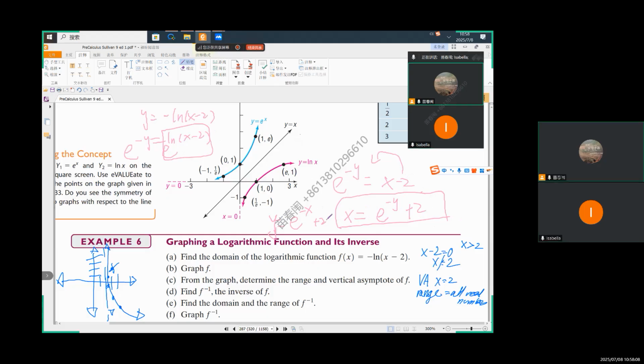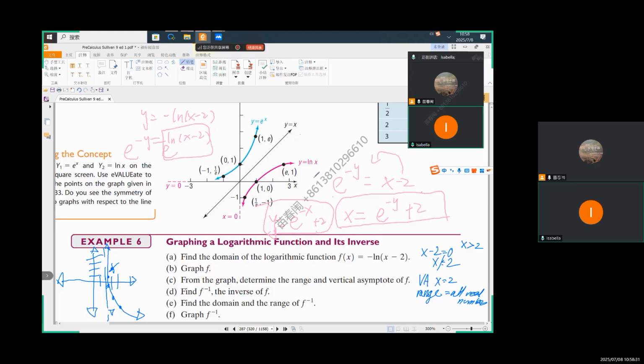We basically switch x and y in the end, or you switch x and y in the beginning, that's also okay. Is it making sense? This is the inverse function, right? How would you switch x and y though?